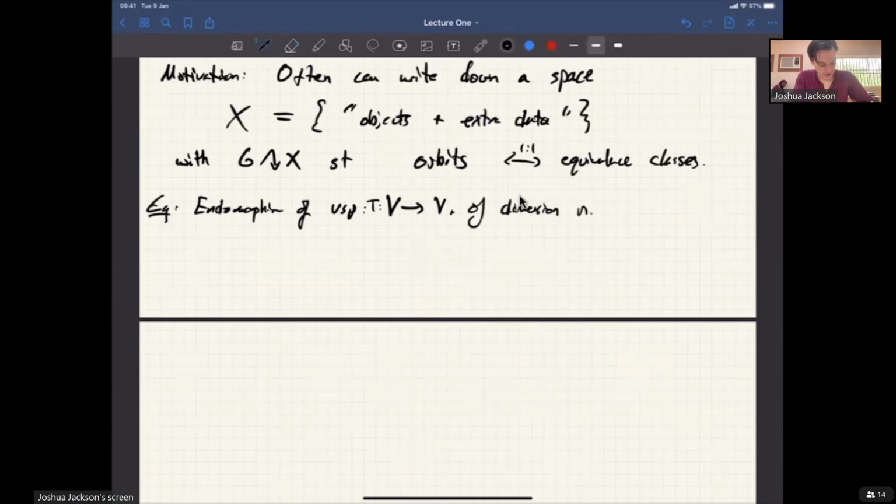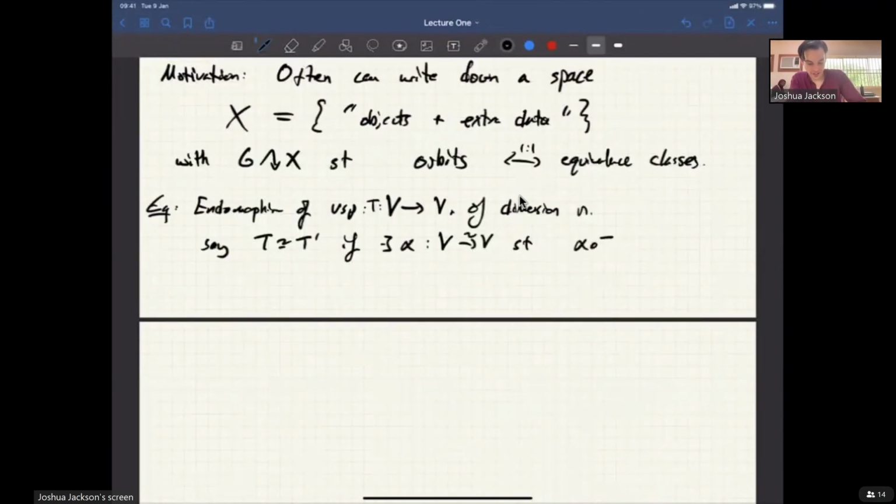You might want to say that T is equivalent to T prime if they represent the same linear transformation up to choice of basis. So if there exists some automorphism alpha of V such that alpha T is T prime alpha inverse. You can phrase this in terms of a particular square commuting if you want.